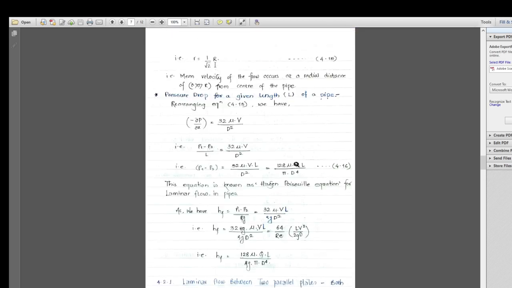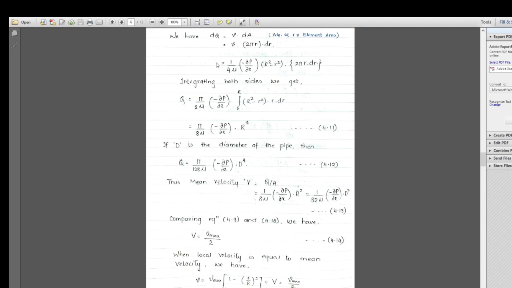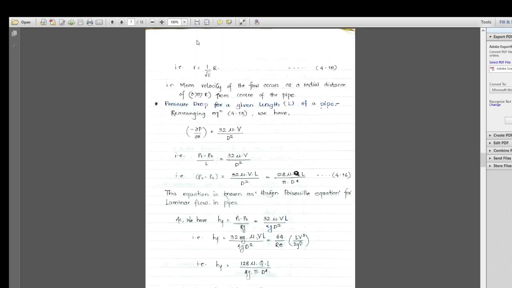That is, we will get the value of small r is equal to 1 by root 2 into R. From this equation, we will get small r is equal to 1 by root 2 R. That is, mean velocity of flow occurs at a radial distance of 0.707 R from the center of the pipe.